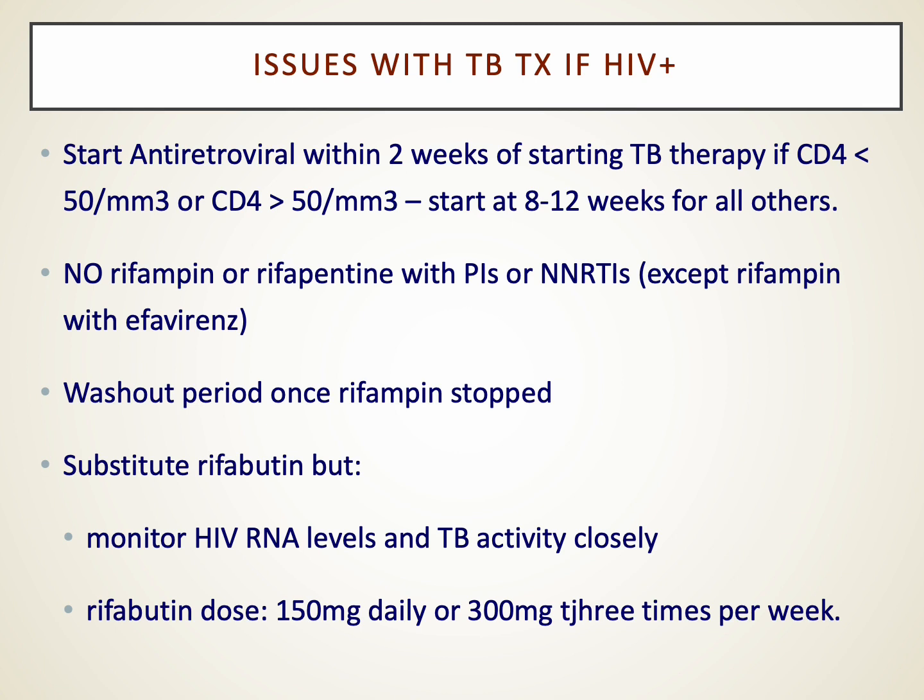If a patient has TB and they're HIV positive, then you want to be careful about how you sequence their antiretroviral therapy with their TB therapy. You also want to look at avoiding rifampin or rifapentine if they're on certain HIV meds.